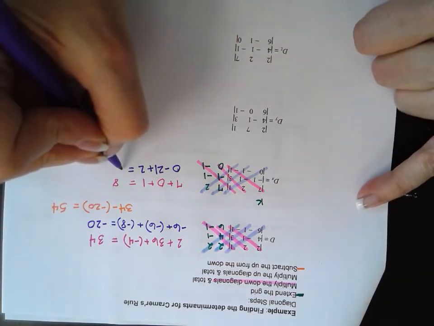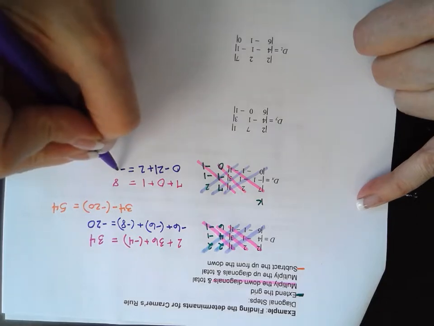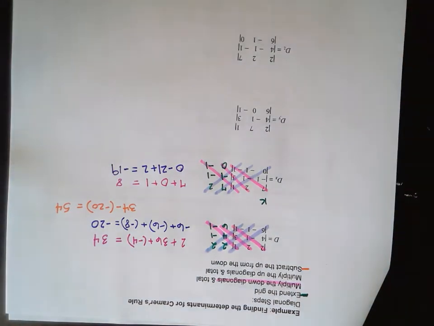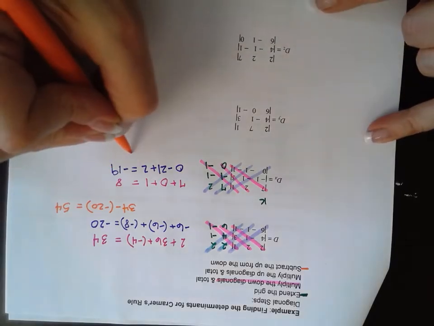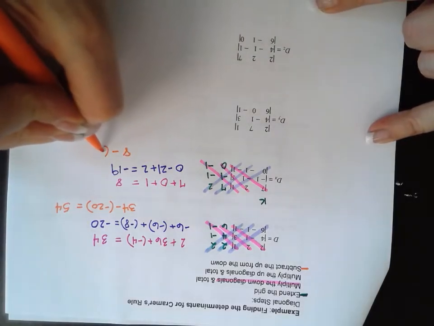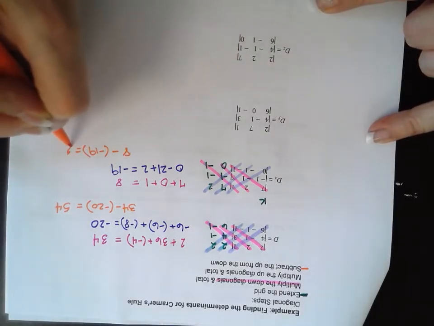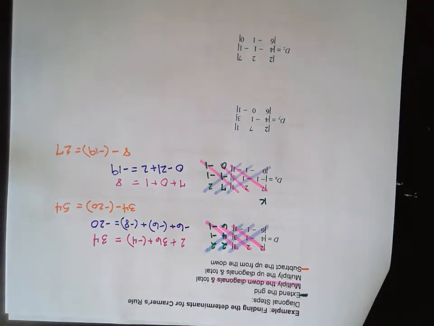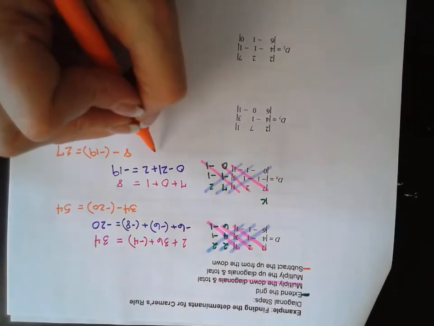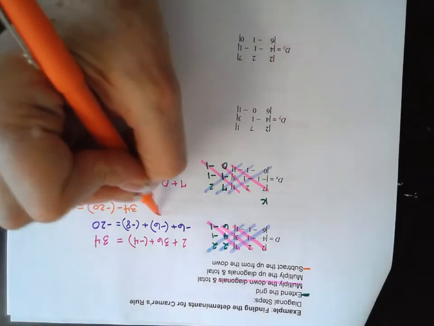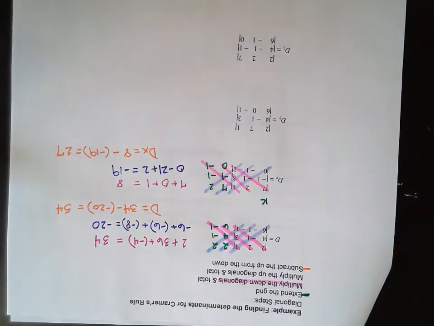And so that gives me a -19. And when I subtract, I get 27. Good?